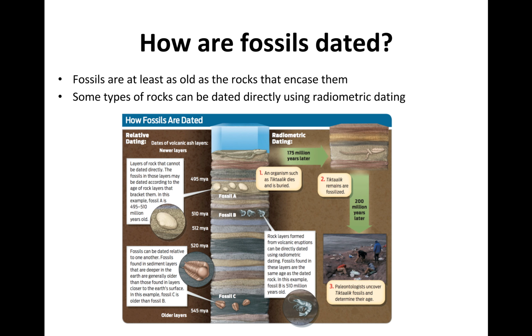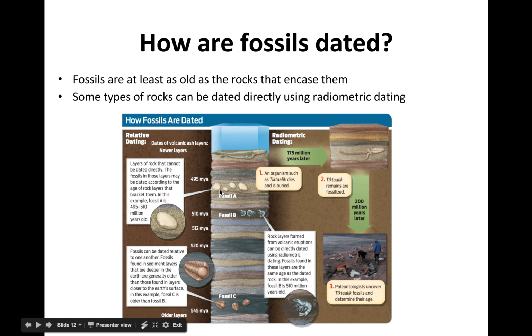So, how are fossils dated? So, that 375 to 380 million years, well, there's a way that they date those. Fossils are at least as old as the rocks they're encased in, and some types of rocks can be dated directly using what's called radiometric dating. So, this just shows the layering effect. The deeper that you go, like down here, fossil C is going to be older than fossil A because A is higher up.